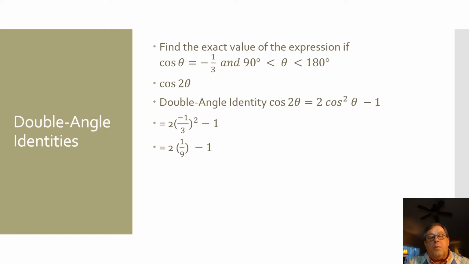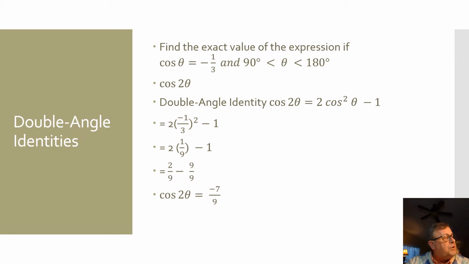When we multiply the 2 times the 1/9, we get 2/9 minus 9/9, re-expressing that -1 as -9/9. And shazam, 2/9 minus 9/9 is equal to -7/9. So the cosine of 2 times theta, when the cosine is equal to -1/3, is -7/9.